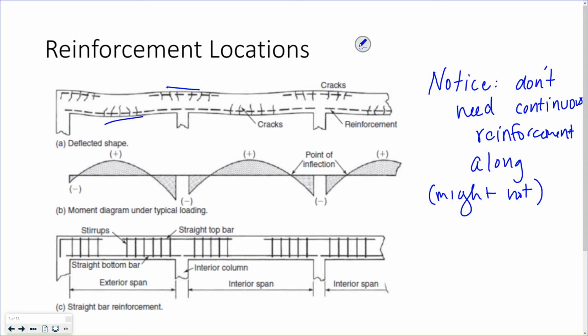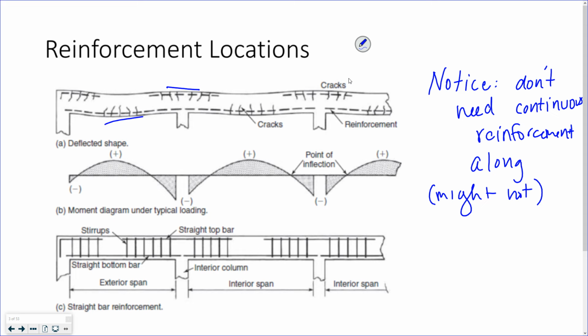And you can say, okay, I'm going to have tensile reinforcement in the bottom for these lengths, but I only need it in the top because you see it switches from positive to negative, so you don't need it the entire length. You need it to be developed for a certain length, and that's a different topic, but develop the strength that it needs to have. But you might not need it along the entire length is the entire point of this slide.